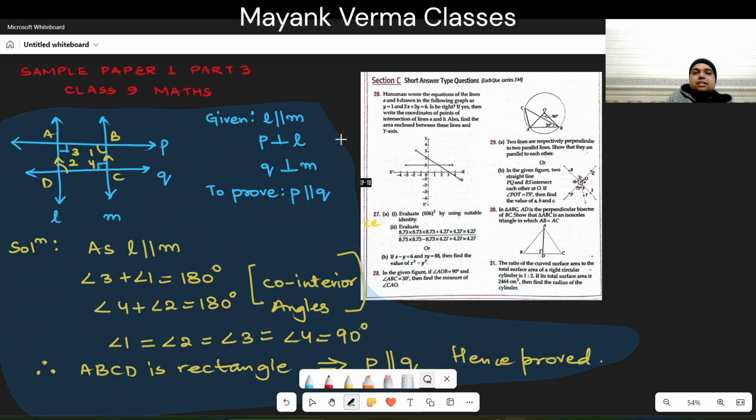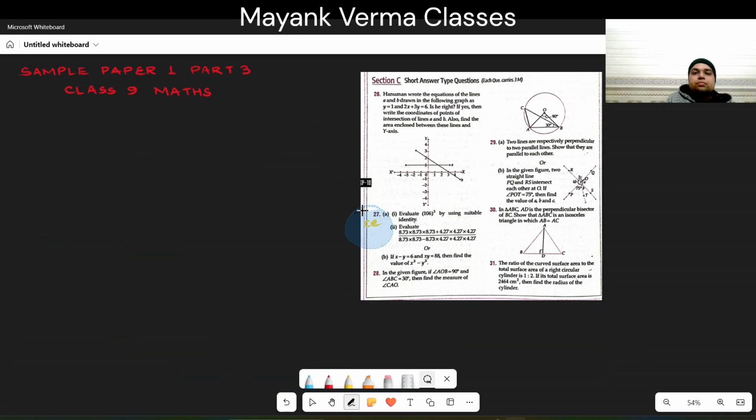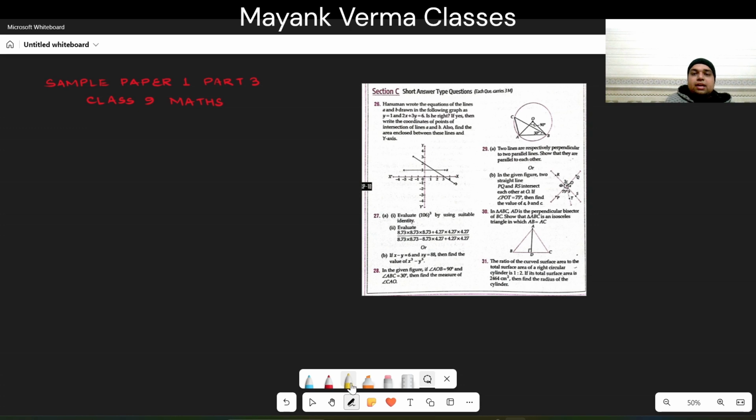Let's see the next question. In the next question, it is saying that in the given figure, two straight lines are given. So let's draw this diagram first.